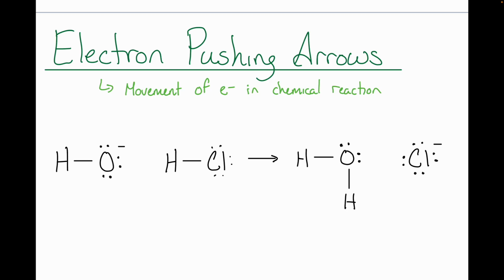Who's got a bond that we're going to make in this reaction? Oxygen, hydrogen. We got this new oxygen-hydrogen bond. This is one that we're going to have to make. All right, what's a bond that we're going to have to break in this reaction? The hydrogen-chlorine bond.